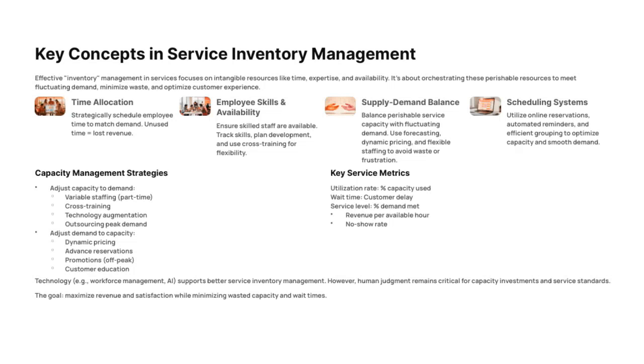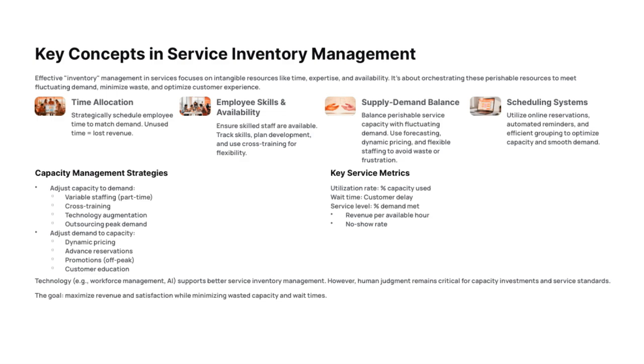The goal here is to maximize revenue and customer satisfaction while also minimizing wasted capacity and wait times. Technology like workforce management systems and AI can really support us in managing our service inventory more effectively. But it's important to remember that human judgment still plays a critical role, especially when it comes to making capacity investments and setting service standards.